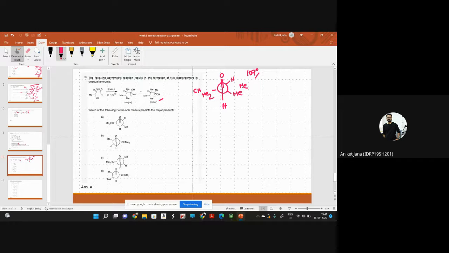So if it has to attack at 109 degrees from this side, then our product will be this. So this is the transition state we get from A.